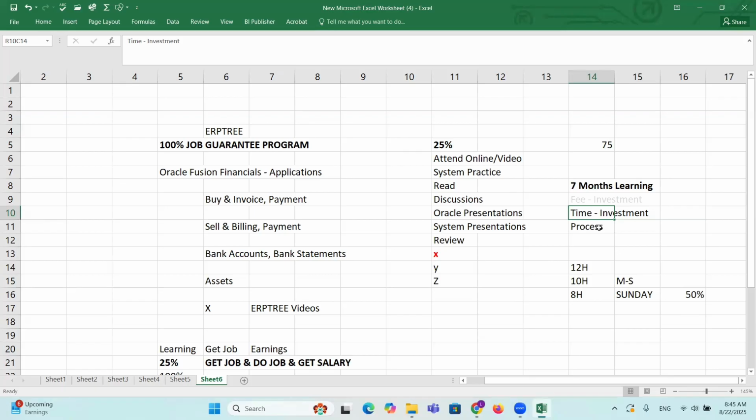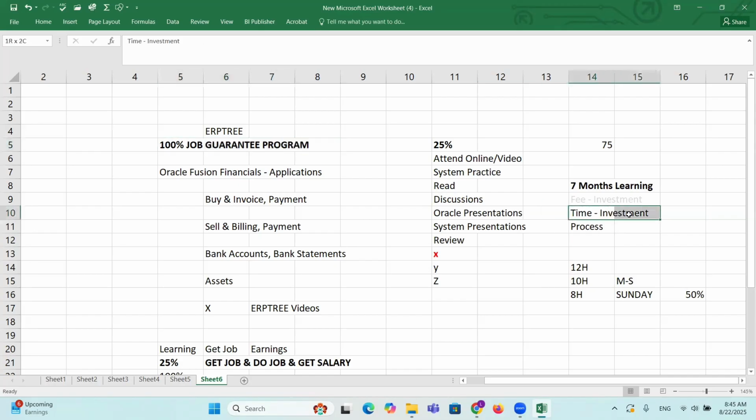If you don't have eligibility and you are getting a job, don't expect others are fools. No. Who are doing something wrong, they'll become fools. You need to invest time and you need to follow the process. Again, I am telling, yes, the program name is 100% job guarantee.